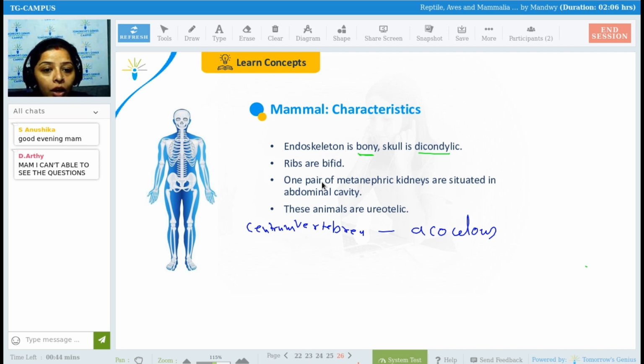What is the meaning of it? It's acoelous. What is acoelous?